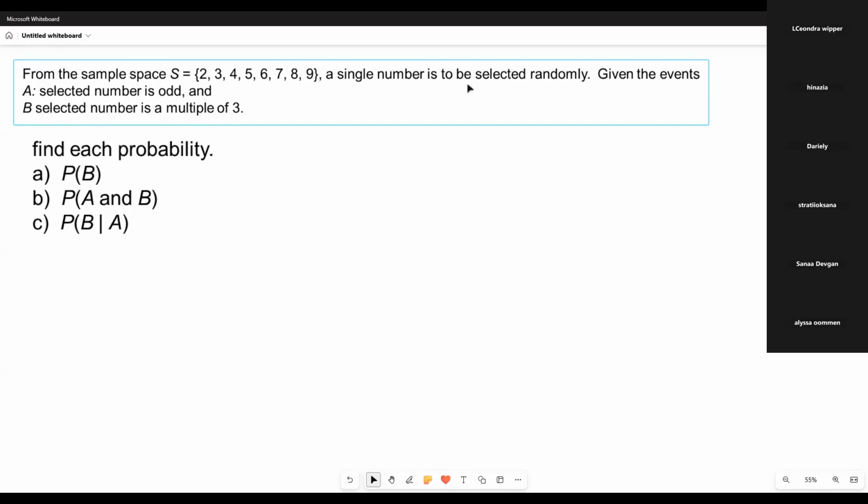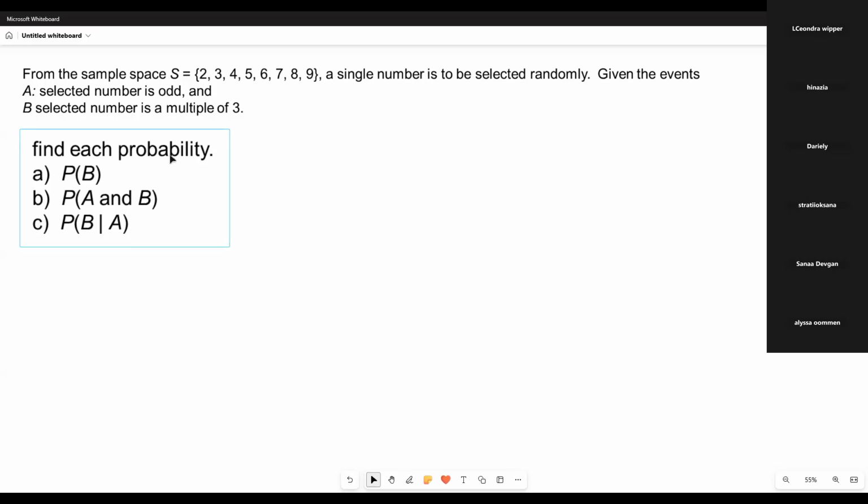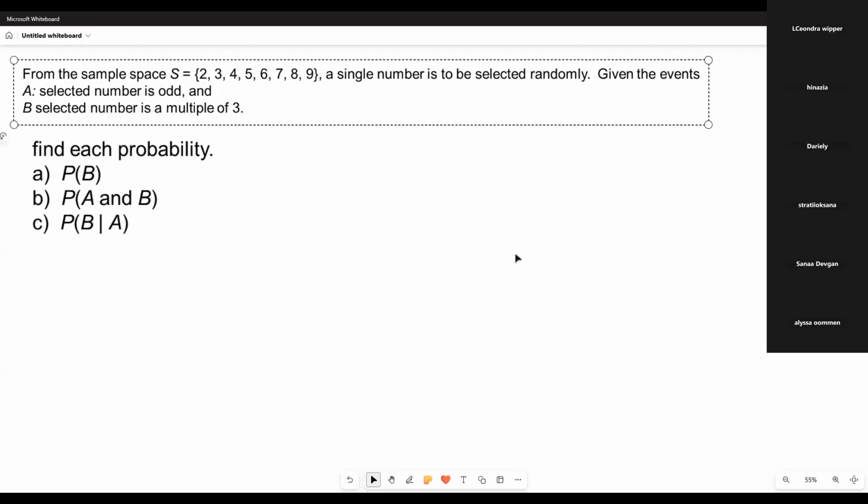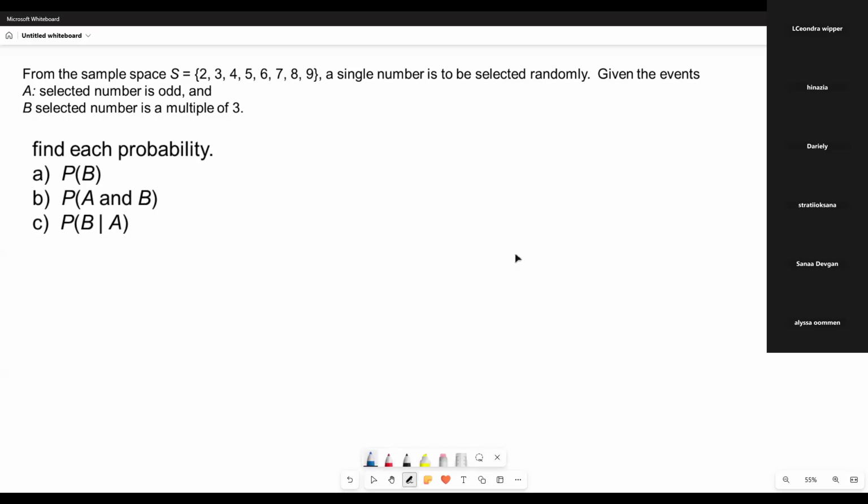Given the events A, selected number is odd, and B, selected number is a multiple of 3, find each probability: A, P of B; B, P of A and B; and C, P of B given A. So here the sample space has 8 outcomes.